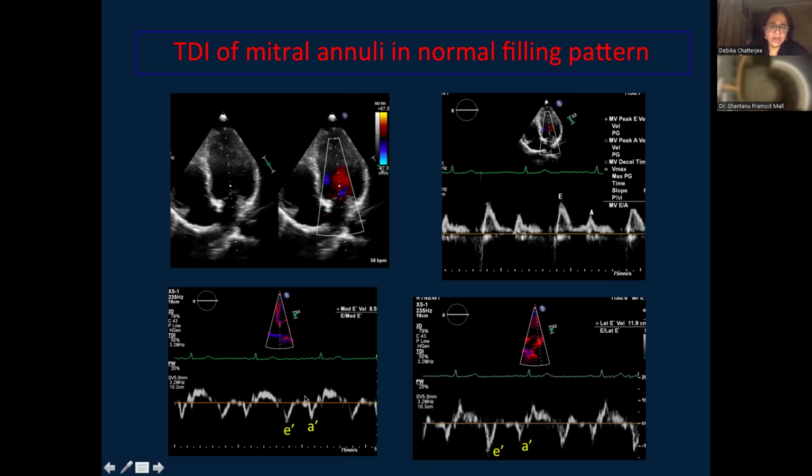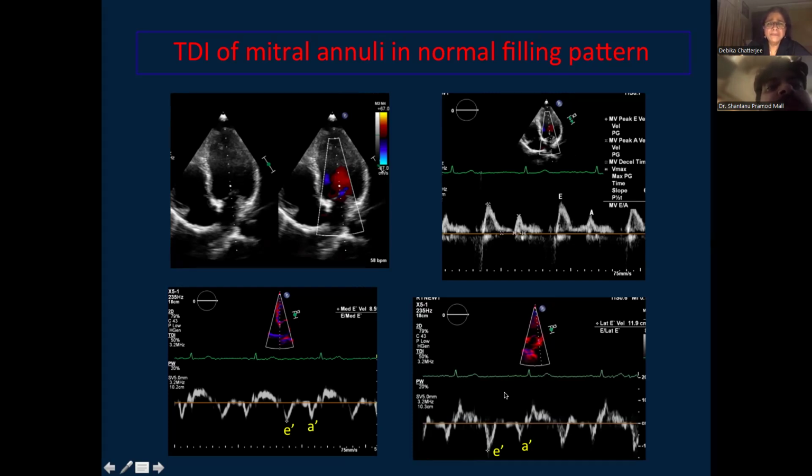A prime occurs during the late rapid filling phase, and it is the second diastolic wave. So E prime is more than the A prime, both in the septal annulus as well as in the lateral annulus, which is quite normal. In the septal annulus, the velocity is around 8.5, and in the lateral annulus, it is around 12 centimeter per second.